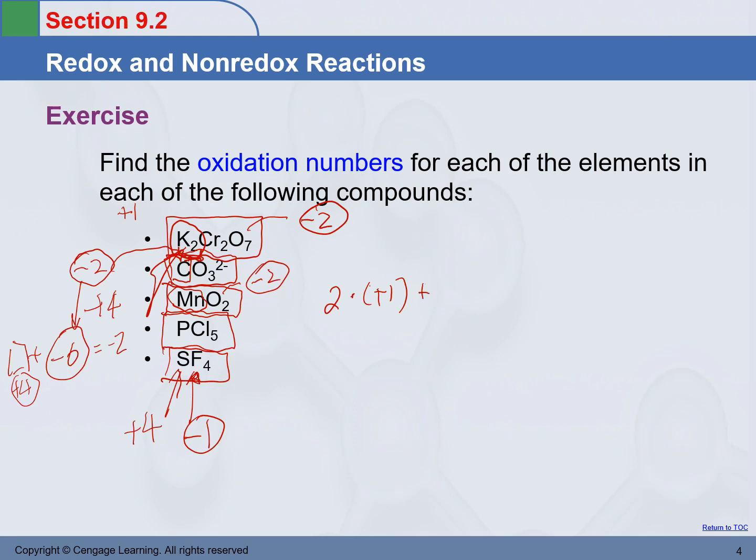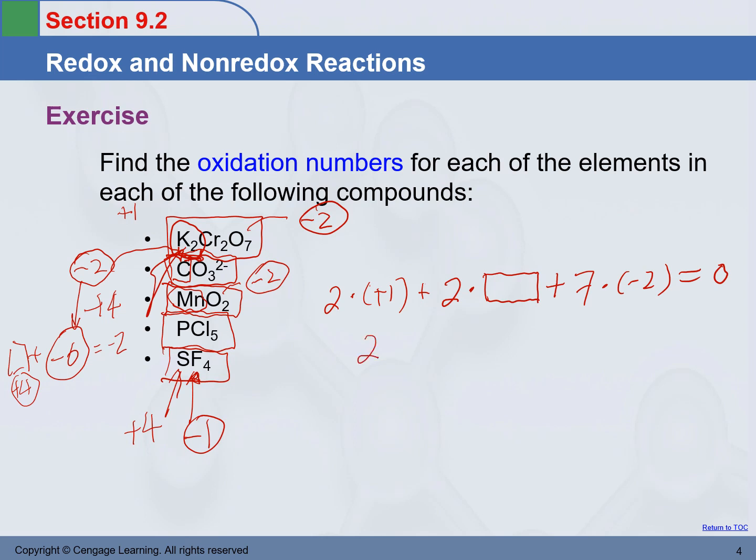We don't know what the chromium oxidation number is yet, but we do know it's going to be 2 times whatever the oxidation number is for chromium. Then add the oxidation numbers from oxygen, which is 7 times -2. All of this added together should equal 0 because it is a compound. So 2 times +1, that's +2.